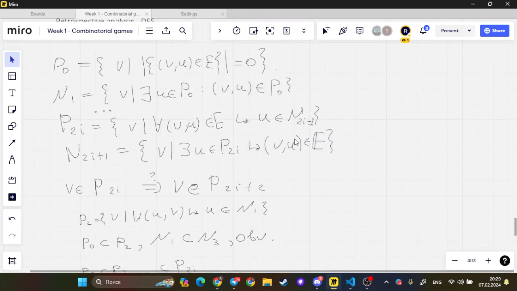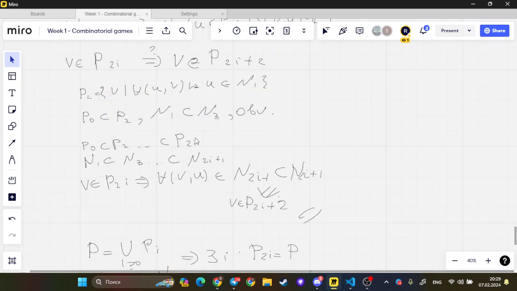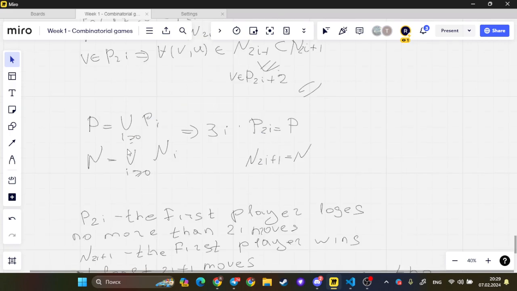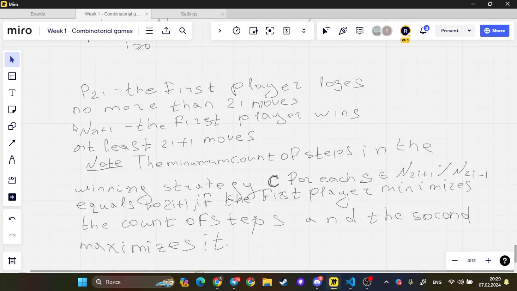Okay, today we discuss how we can do this. We determine new classes, then we prove this interesting property, and when we prove it, we can conclude that the P2 class is a class where the first player loses in no more than 2E moves.